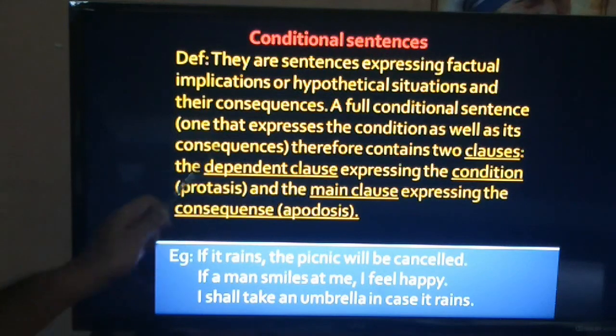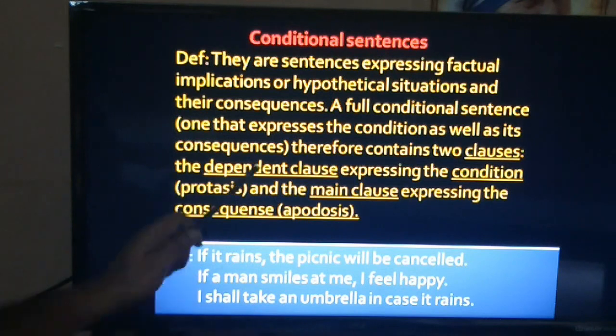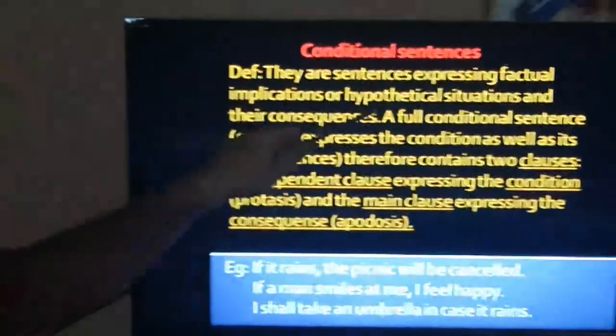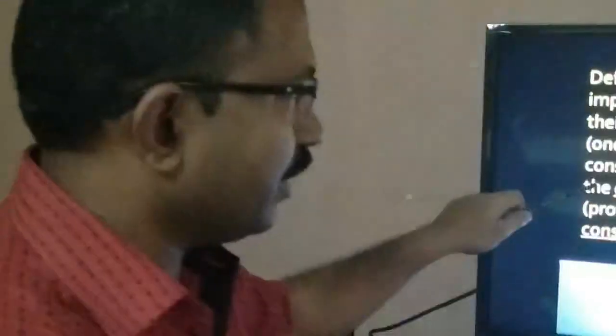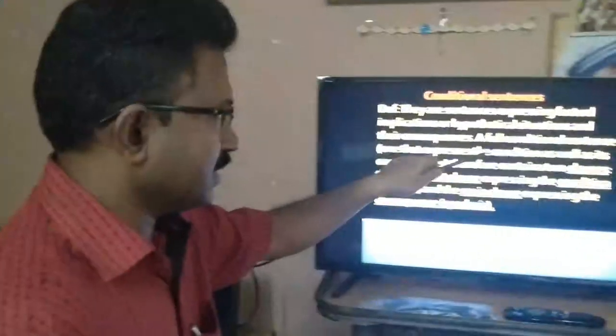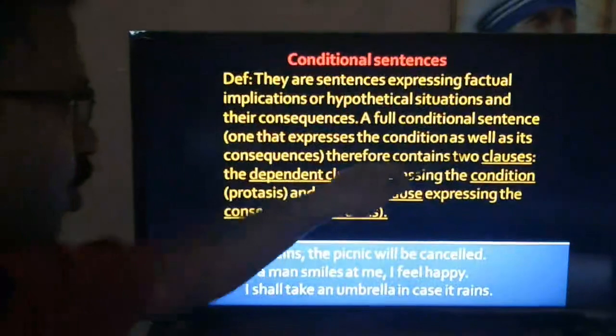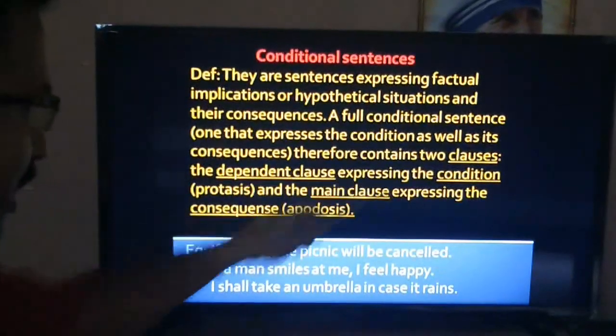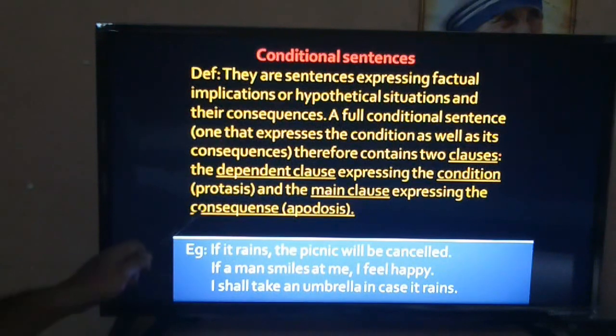In this context, when we say full conditional sentence or complete sentence, we mean one that expresses the condition with if and, along with that, a main clause with the consequence.